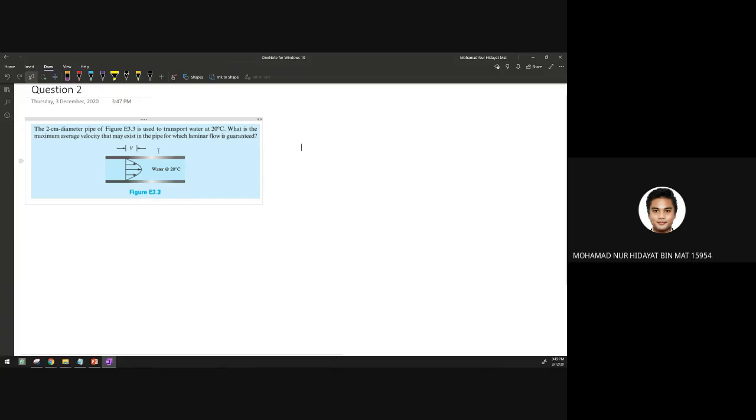What is the maximum average velocity that may exist in the pipe for which laminar flow is guaranteed? So now they guarantee that it is laminar.